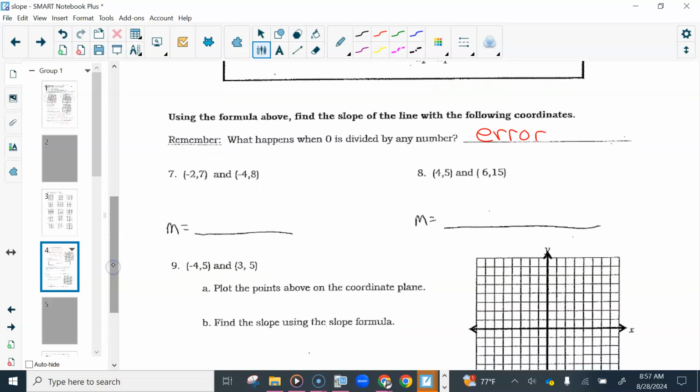So let's go ahead and find the slope of these points. I'm going to use the formula. I'm going to label these x1, y1, x2, y2. If that helps you do that, if you're good without it, you don't need to do that. Okay. And then I'm going to go ahead and put them in that format. So m equals my y2, 8, minus my y1, 7, all over my x2, negative 4, minus my x1, negative 2.